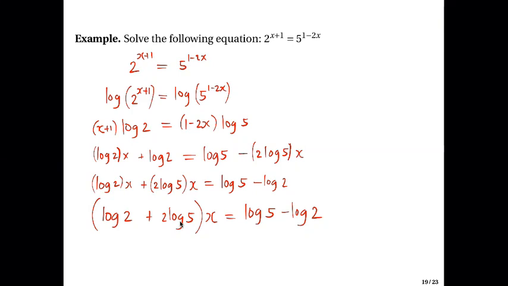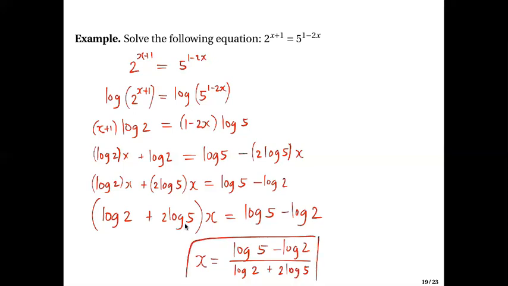So we can divide the whole expression by log 2 plus 2 log 5, and we will get x equals, in the numerator, log 5 minus log 2, divided by log 2 plus 2 log 5. And this is the value for x.